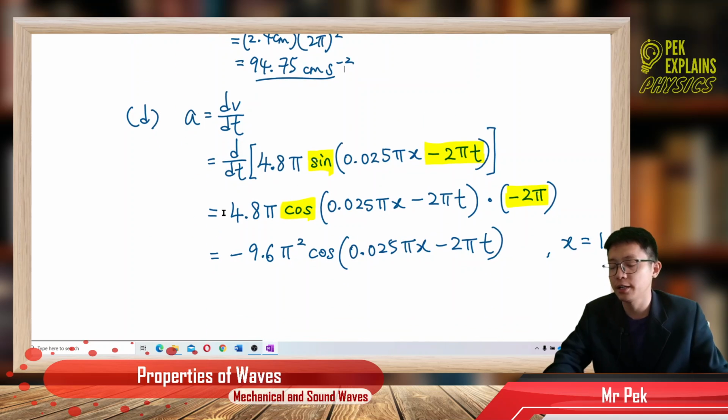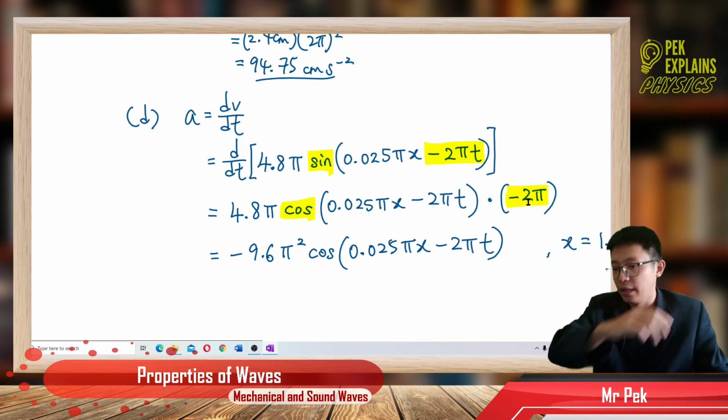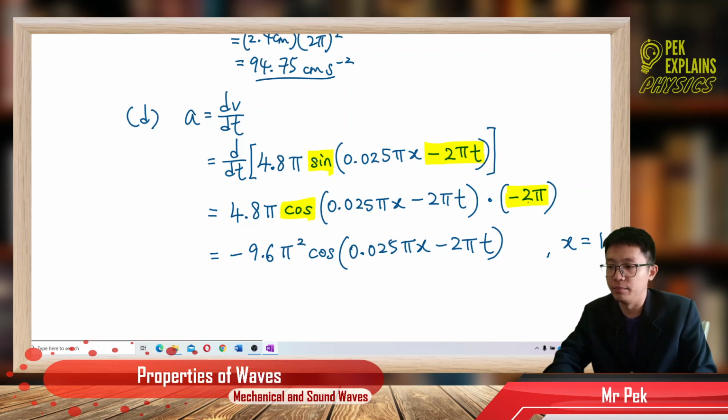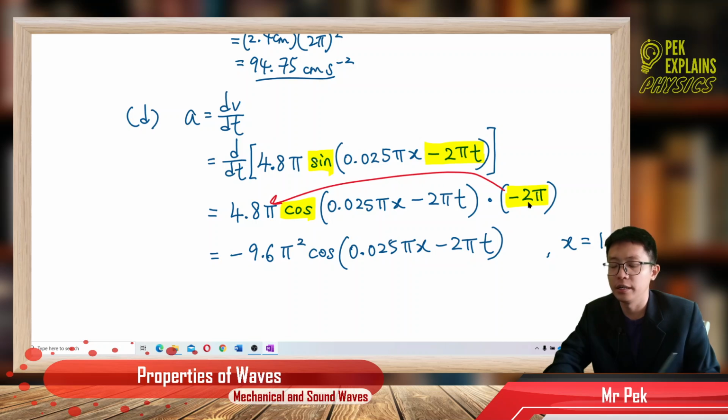First, 4.8 pi remains. Differentiate sine, get cos, and the rest you copy. Then differentiate inside, you take out the negative 2 pi. Remember the negative, don't leave it behind. Multiply negative 2 pi to the front.